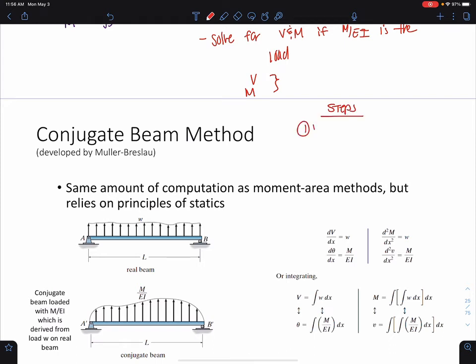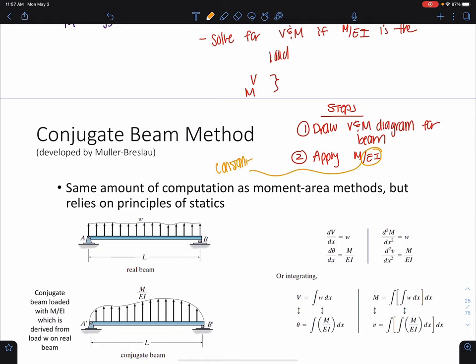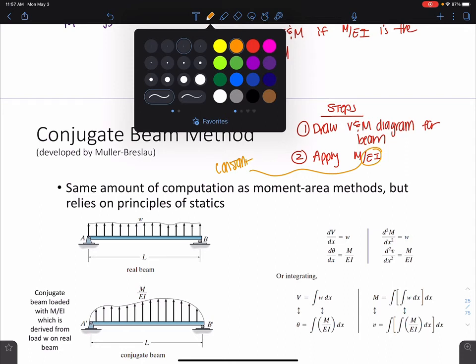So the steps here will be 1, draw V and M diagram for beam. 2, apply M over EI. EI is just a constant, so you're really just applying the moment diagram.